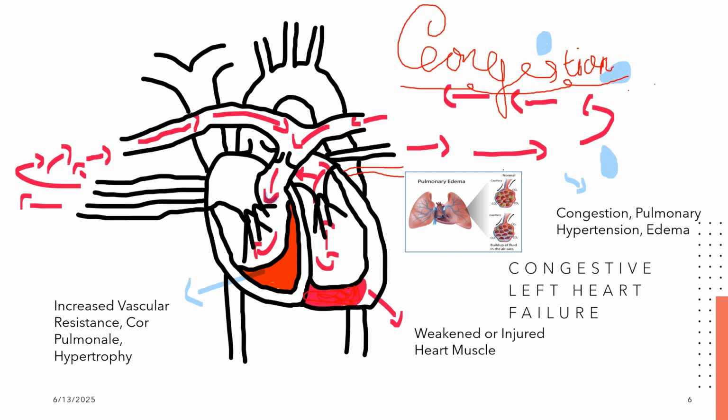Now let's look at the small air sacs called alveoli where gas exchange occurs. So basically, your blood is in these small highways called capillaries, and they're trying to back up. Well, the only place you can back up over here is the alveoli.